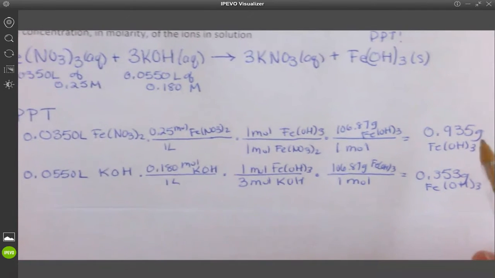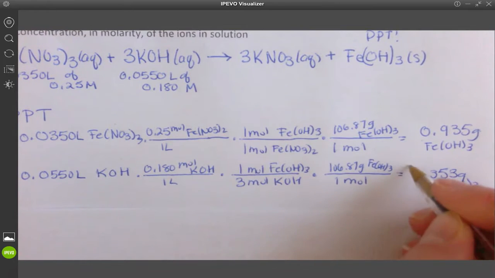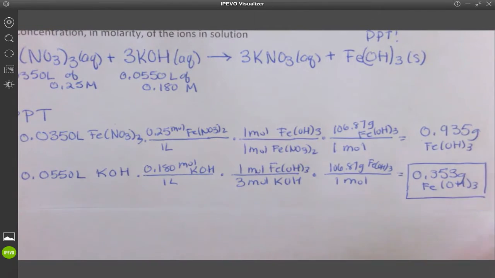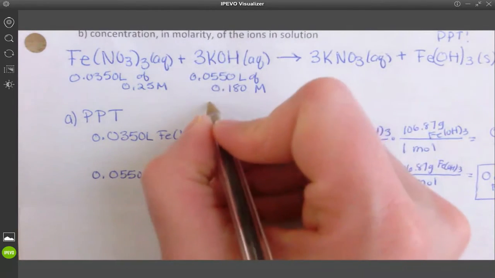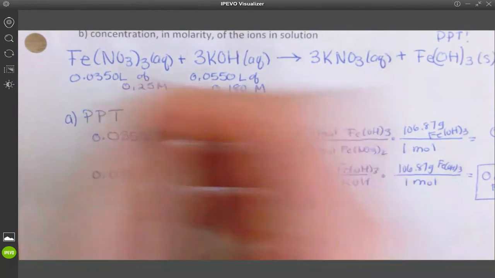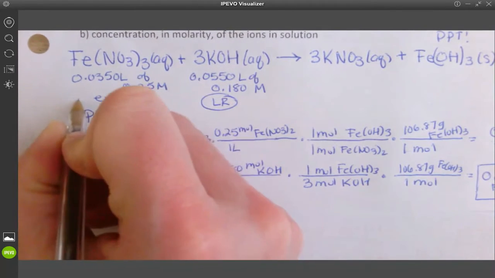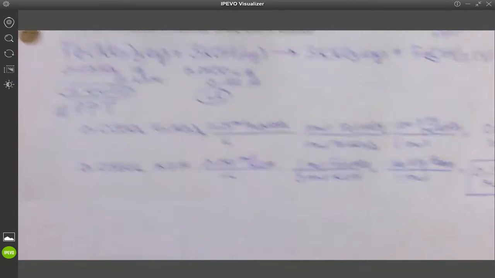Once you get these two amounts, I've done it for iron 3 nitrate and potassium hydroxide, I can see that the potassium hydroxide produces the lowest amount of grams. So that's going to be the amount of precipitate that forms. That also tells me that the KOH is going to be my limiting reactant, and my iron nitrate is going to be the one that's in excess, which I need to know for my next calculation.